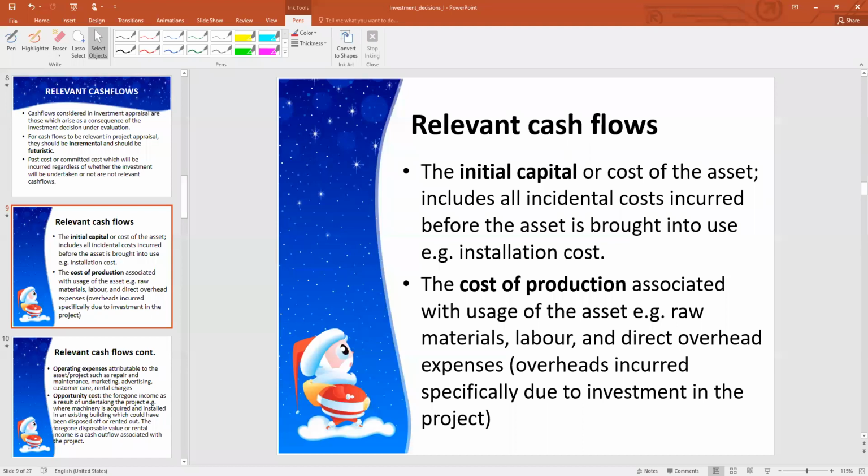All those costs that are meant to bring the asset into its usable format become part and parcel of the initial cost, and therefore relevant cash flow.